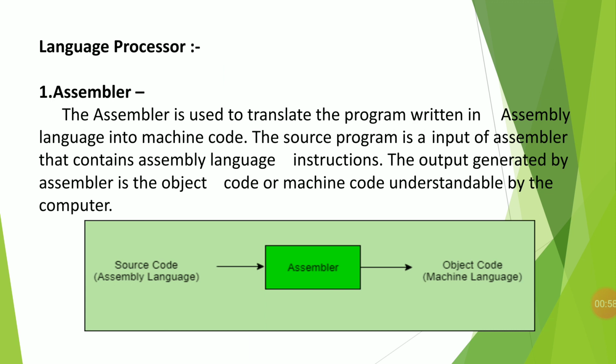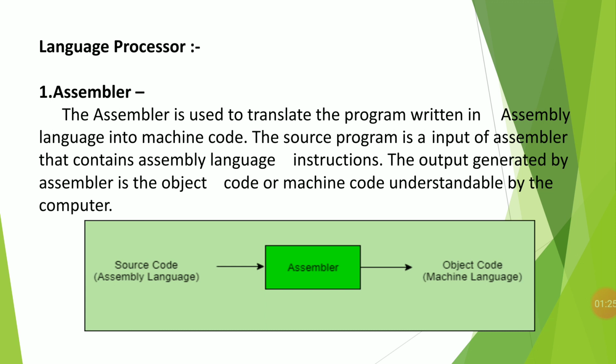Before starting this, let me tell you what a language processor is. As you all know, your machine, your computer or any electronic device only understands machine language, that is binary language, nothing but 0 and 1. And programmers use a high level language to write a program.